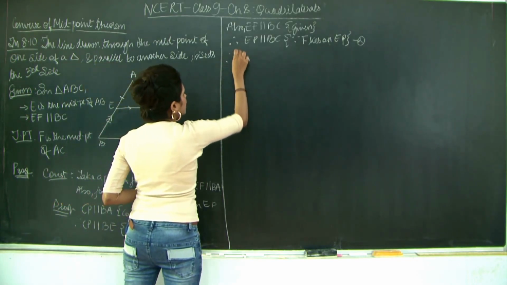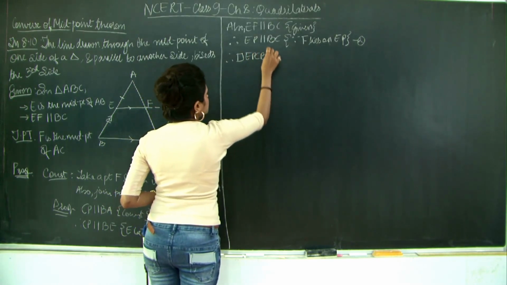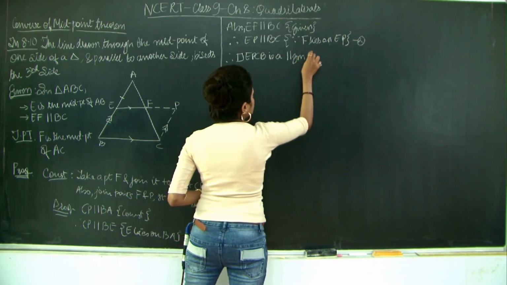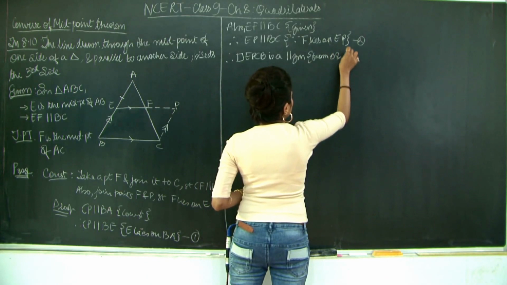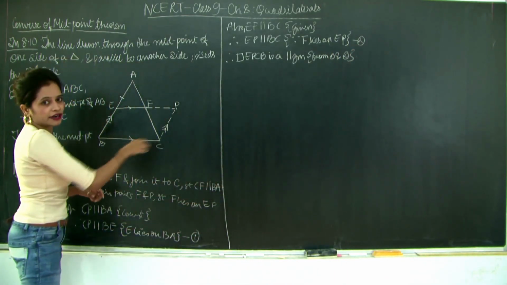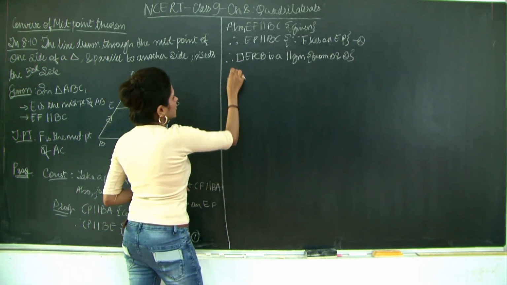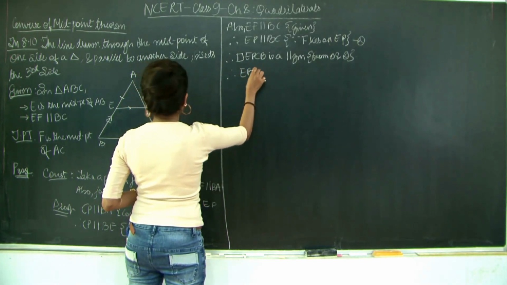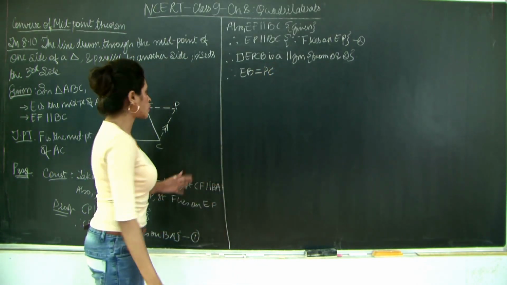Therefore, quadrilateral EPCB is a parallelogram, from 1 and 2, because the opposite sides of a parallelogram are equal. Therefore, what do I get? That EB is equal to PC. Correct? But what do we already have?